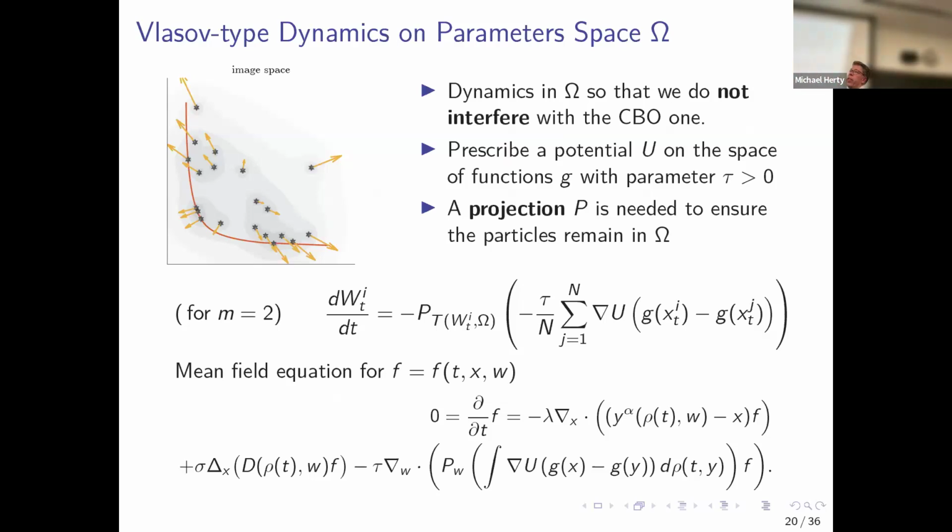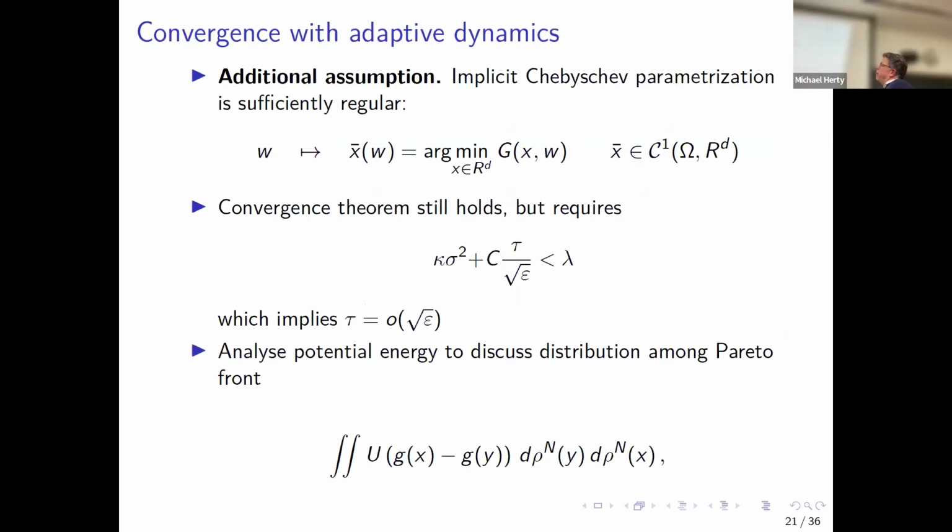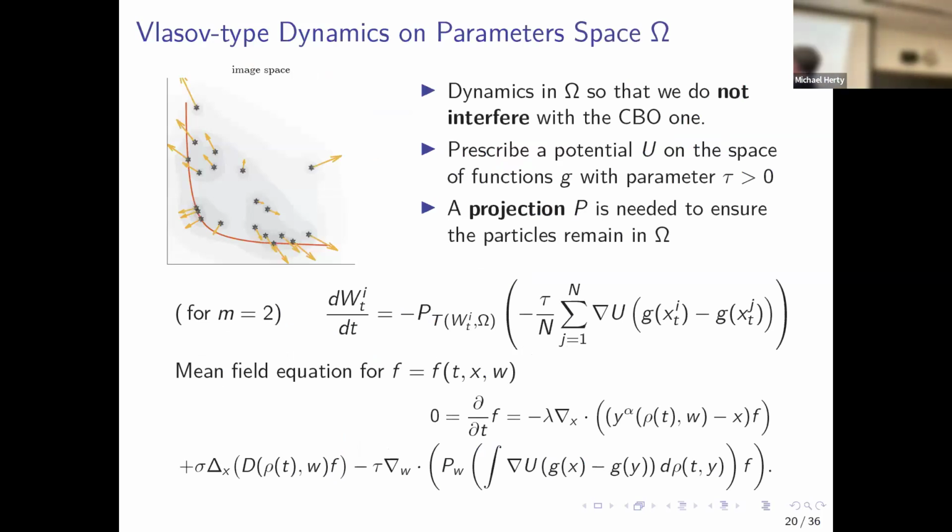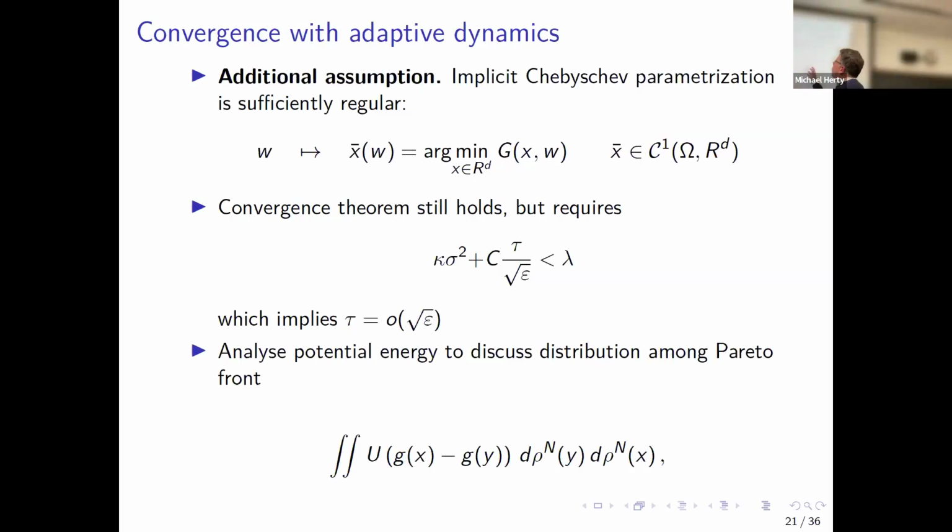Then you can also do a mean field, and you can also analyze now what happens. What we would like to see is if this converges to the true minimizer. Since there is now also a dynamics in the weights, they are not allowed to change too quickly compared to the true dynamics. Before there was this relation between the noise level and the drift level, now you have an additional time scale, at which you change these weights.